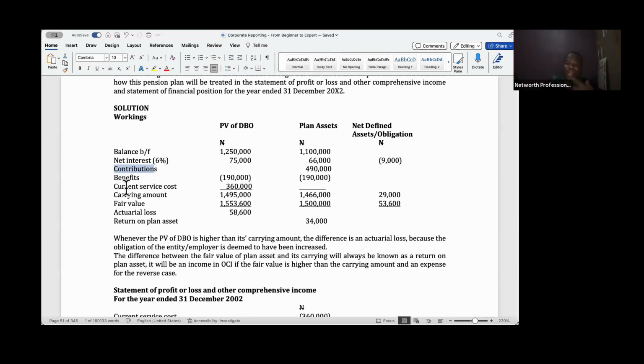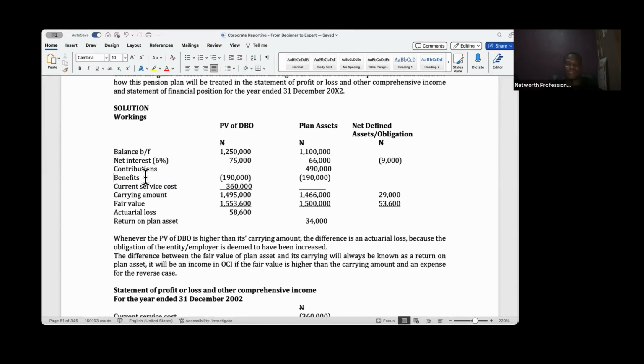Unlike current service cost, for example, where the first leg goes to obligation, and the second leg is an expense, P&L. And that is why current service cost is going to P&L, because of that second leg that goes as an expense to P&L. But for contribution, the first leg is in assets, the second leg is a reduction in your bank, because you're actually paying money.